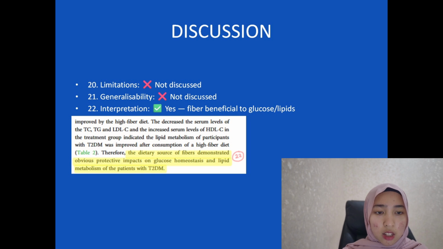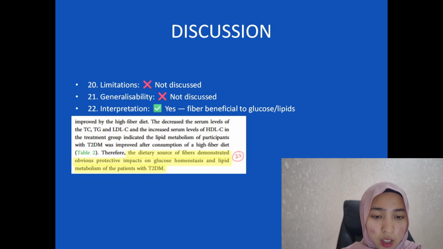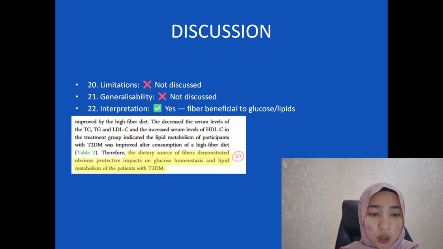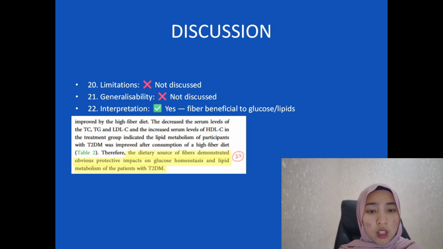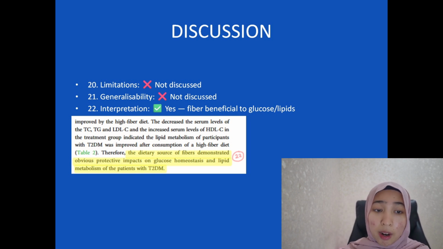And then the last is item 22, it's about balanced interpretation. In this article, the authors relate their findings to previous research. So for the discussion and interpretation part, overall, the discussion was only partly complete.